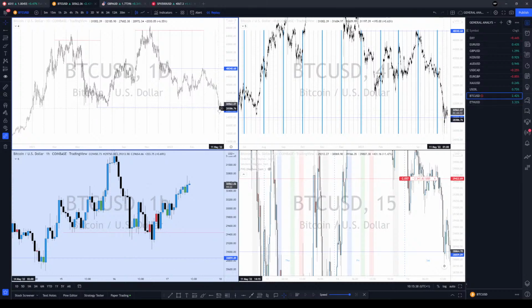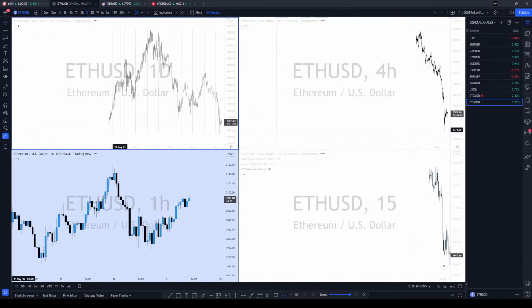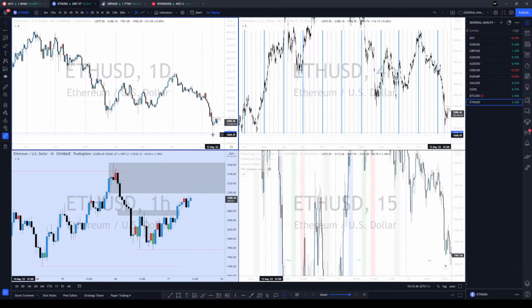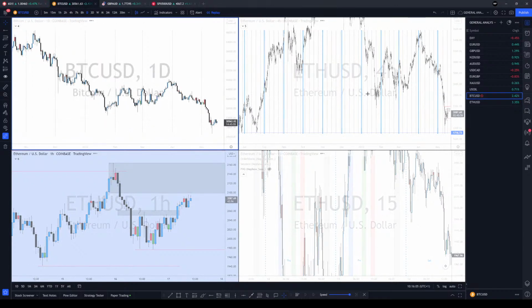So focus on this because that will give you the move that will take the low properly. Bitcoin might not do that, this one might. BTC, I'm looking at the daily 50% retracement fair value. That's done. Move down. Let's go back to Bitcoin.